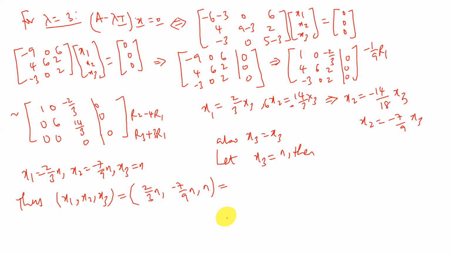That's what we get. So you can pull out n: 2 over 3, minus 7 over 9, 1.